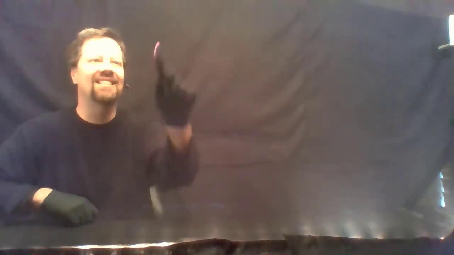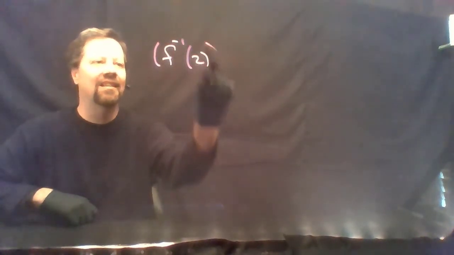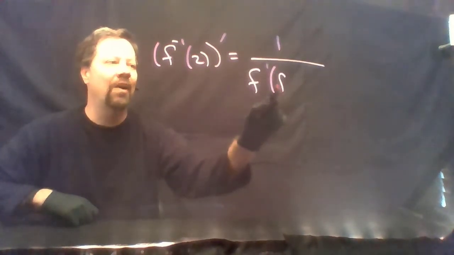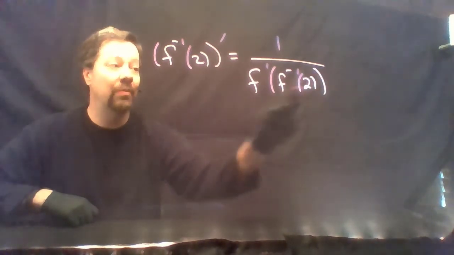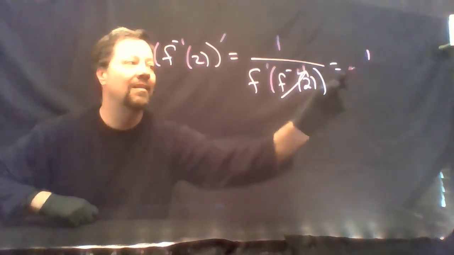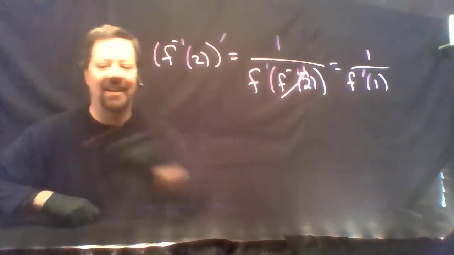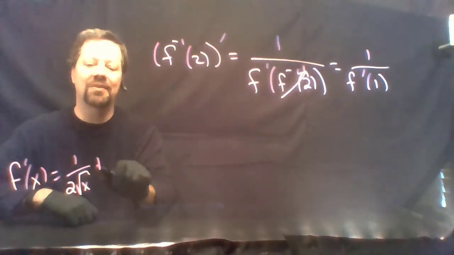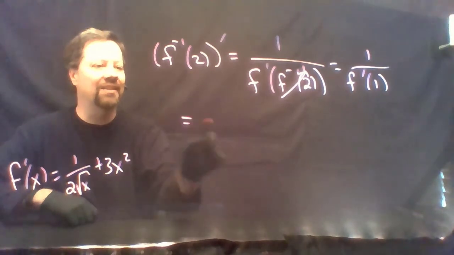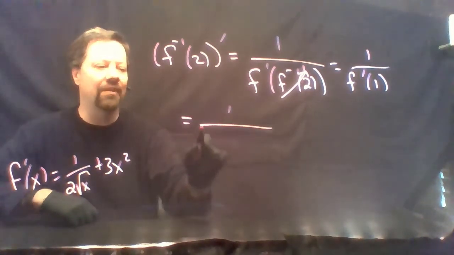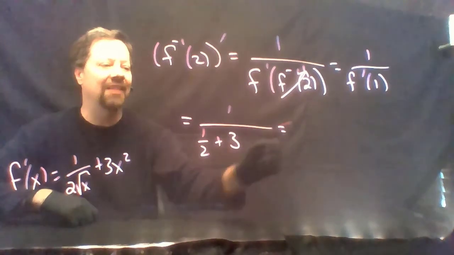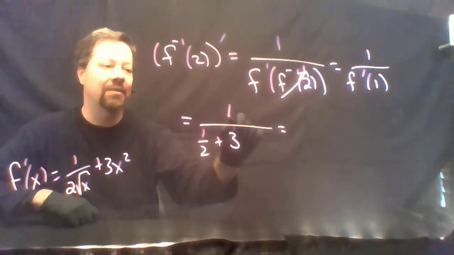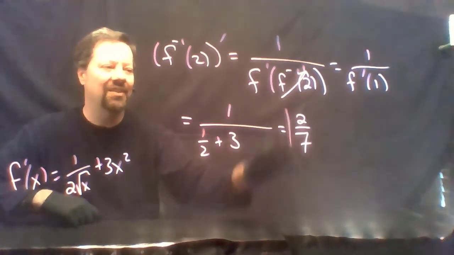We have then the derivative of f inverse at 2 is 1 over f prime evaluated at f inverse of 2, which we know to be 1. Now, recall that f prime of x was 1 over 2 root x plus 3x squared, which means we have 1 over 1/2 plus 3. 3 is 6/2 plus 1/2 is 7/2. The reciprocal of that is 2/7.